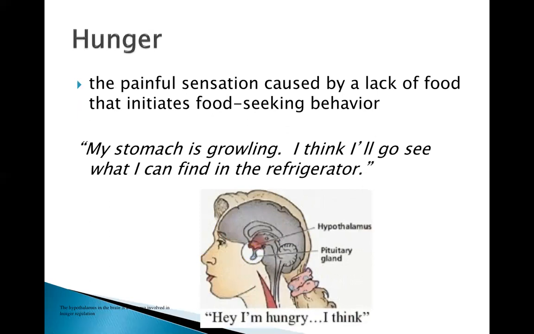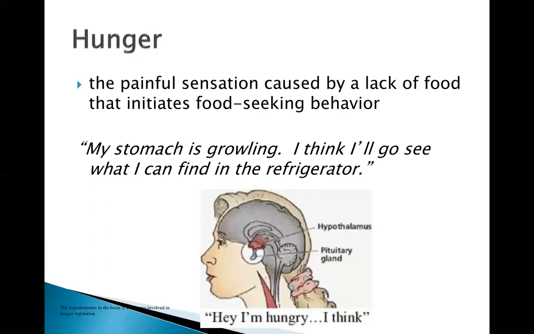There are multiple different things that can trigger hunger, such as food in the stomach, like I already mentioned. Also nutrients in the bloodstream. If you have low glucose levels, you may feel hungry because your cells are starving. Other factors include how big your last meal was and the weather.